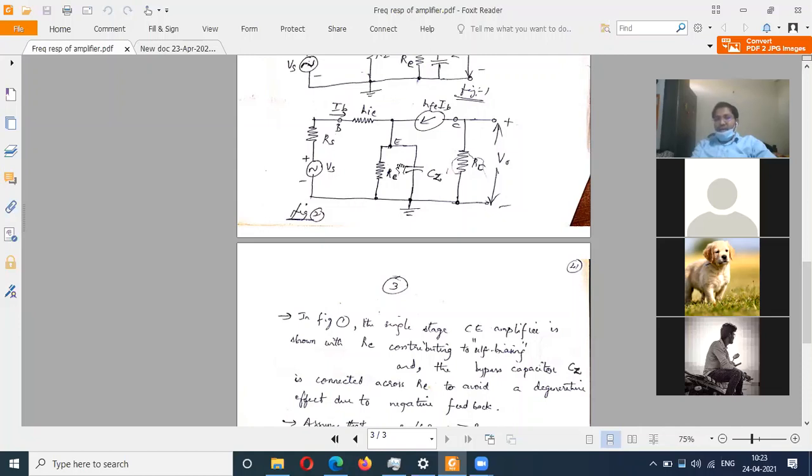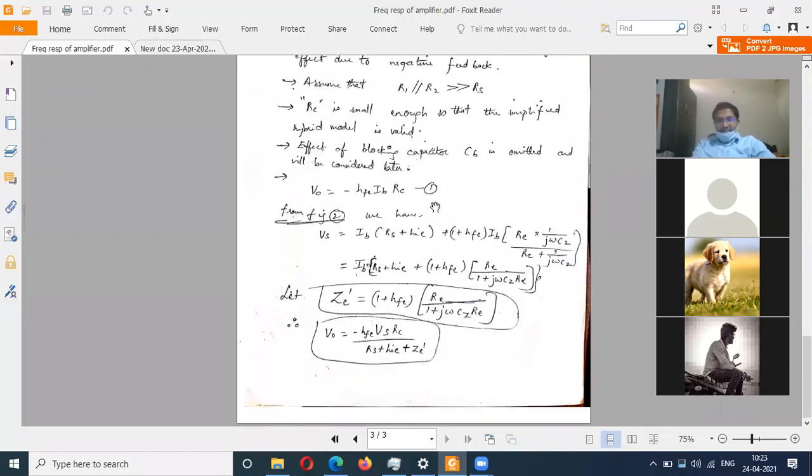So RE into minus J by omega CZ by RE minus J by omega CZ. Either we can take it in terms of minus J by omega CZ, or we can take 1 by J omega CZ, anything.